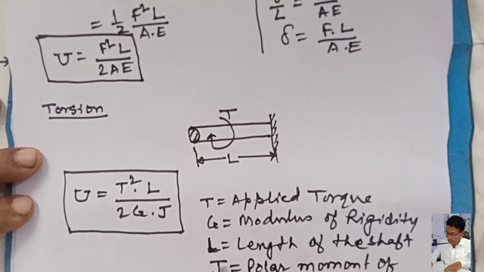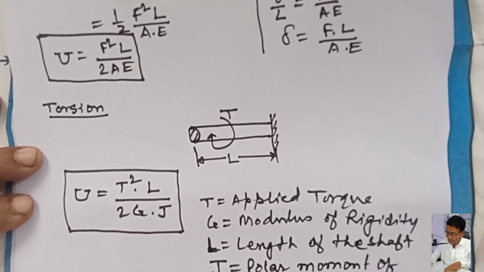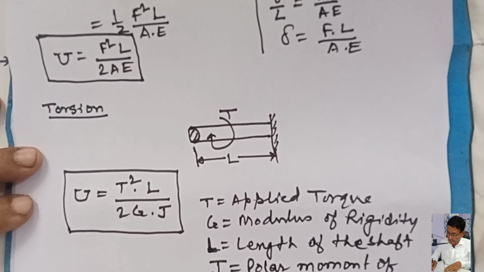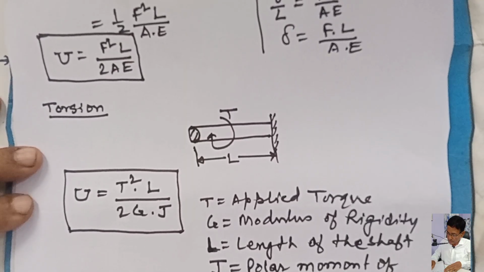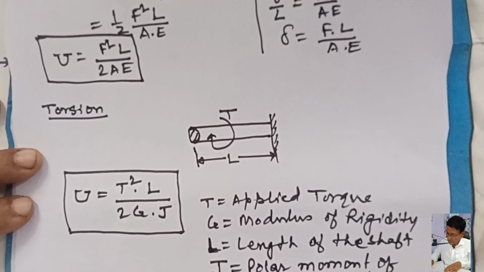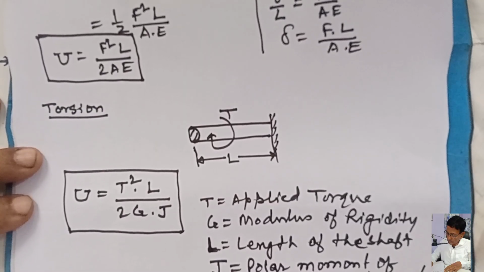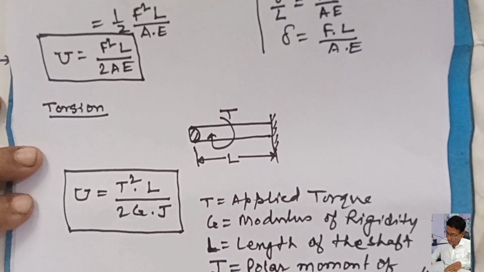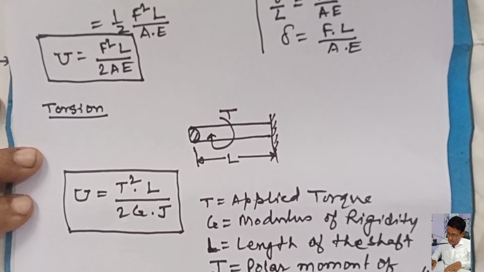For a round circular shaft, polar moment of inertia is pi R4 by 2, which is equal to pi D4 by 32. D is the diameter of the shaft.